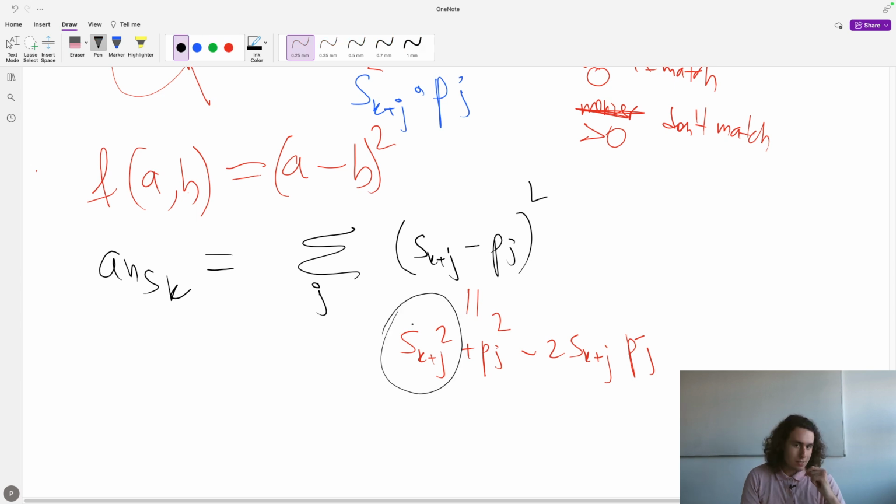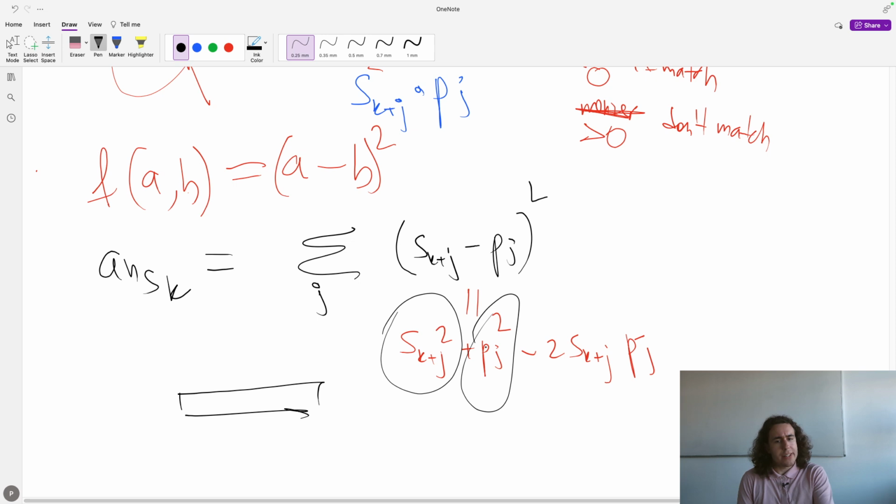Actually, the first part only depends on s, so this is simple to add to the answer. It's just the sum of squares of s on this segment. So we just square all the values of s and take a sum on the segment. Again, we take the squares of all the values of p. And then we just subtract, right?